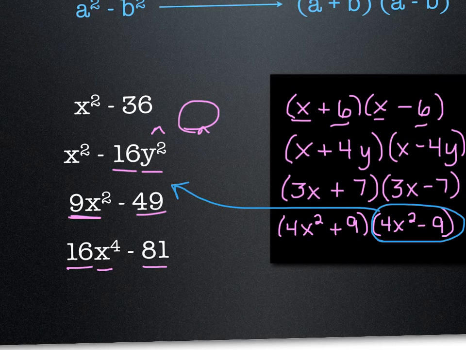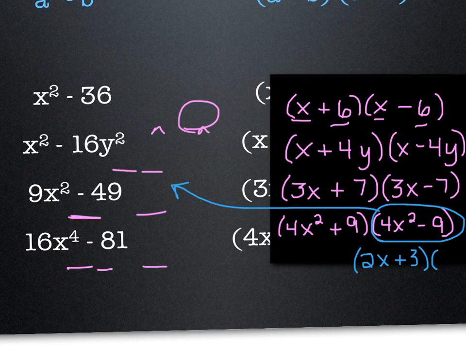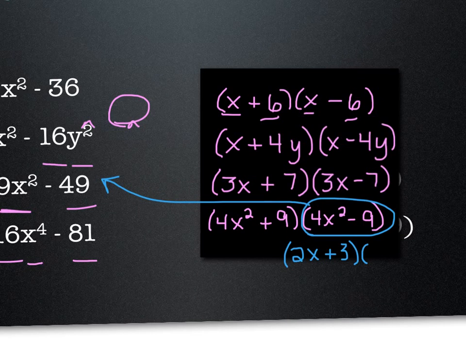I could take that 4x squared minus 9 and break it up into, let's see, square root of 4 is 2, square root of x squared is x, and then one's going to be a plus, and the square root of 9 is 3, and then the other one would be 2x minus 3. So those two parentheses came from just this, the 4x squared minus 9.